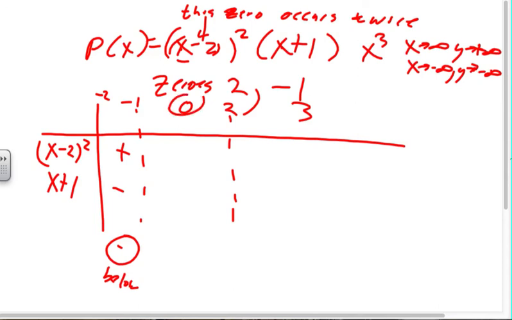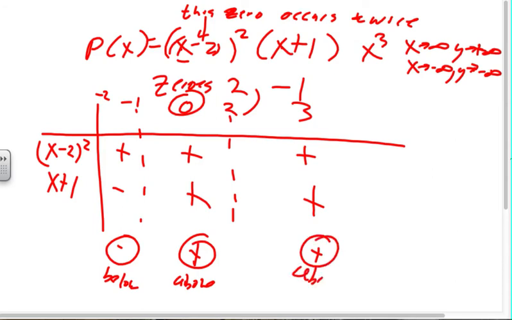My test point of 0 will be positive, positive, positive, so that's above. And I've got a point of 3. So this will be 3 minus 2 squared will be a positive, positive. So this one is also above. And I'll show you what this looks like.